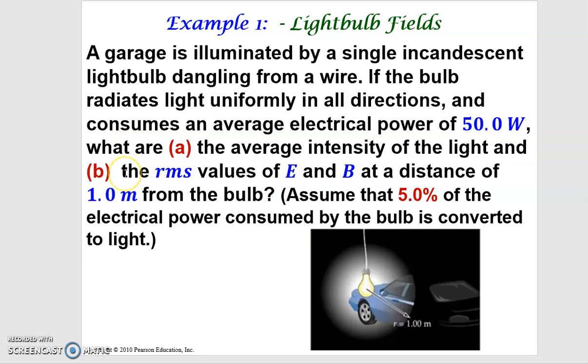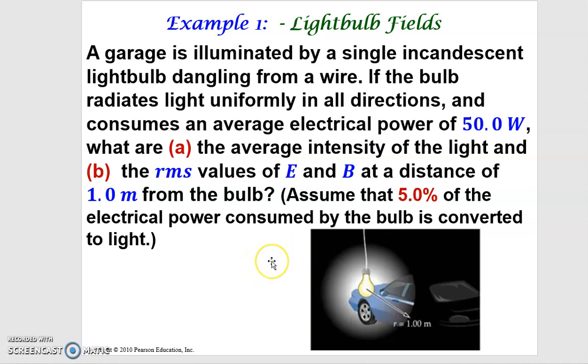And then what is the RMS, root mean square, value of the electric field and the B field? They also say you should assume that 5% of the electric power consumed by the bulb is converted to light. So here I only give you the power produced by the light bulb, but only 5% of the power was given to the light.